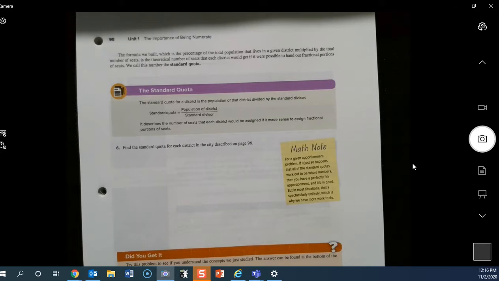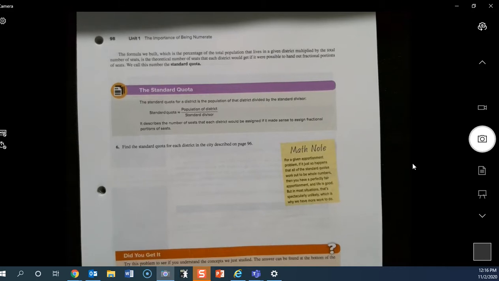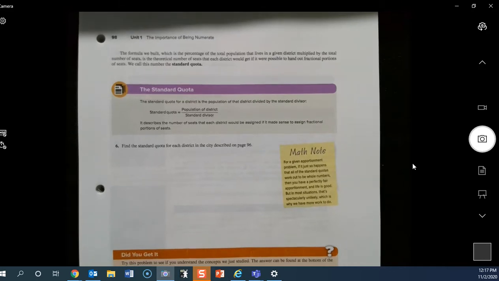We call this number the standard quota. So the standard quota is equal to the population of the district divided by the standard divisor. It describes the number of seats that each district would be assigned if it made sense to assign fractional portions of seats.